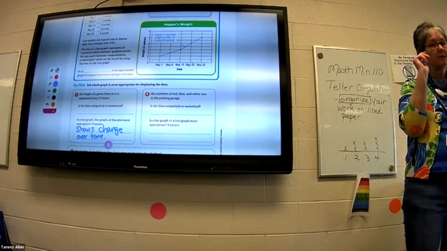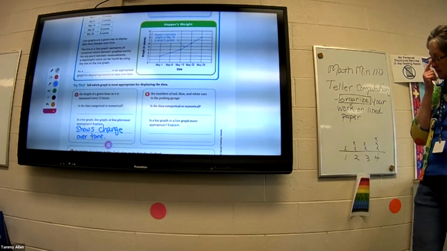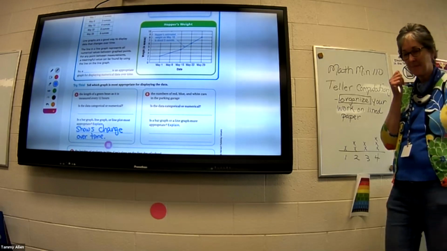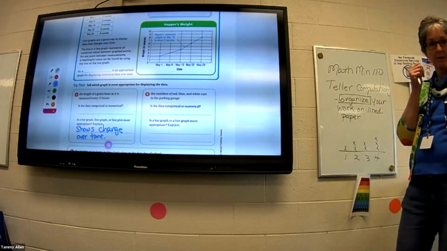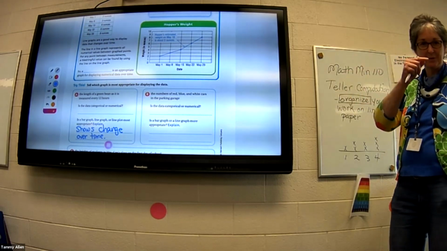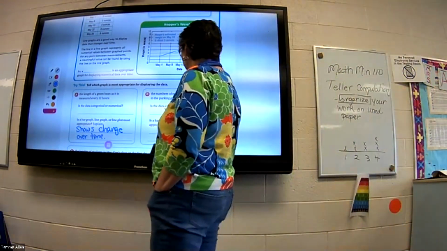Okay, why do you think it's numerical? Because we can count the numbers of red, blue, and white. Oh, but you just said we were counting the red, blue, and white, which means we were putting them into categories. All right, so it's categorical.